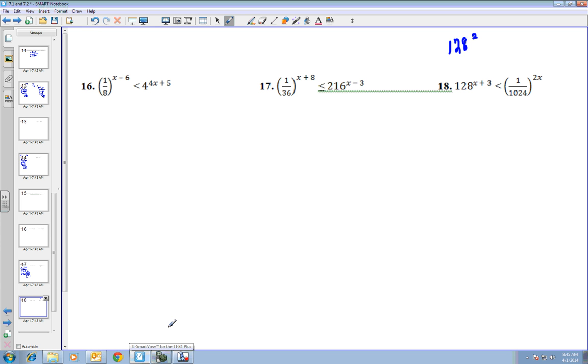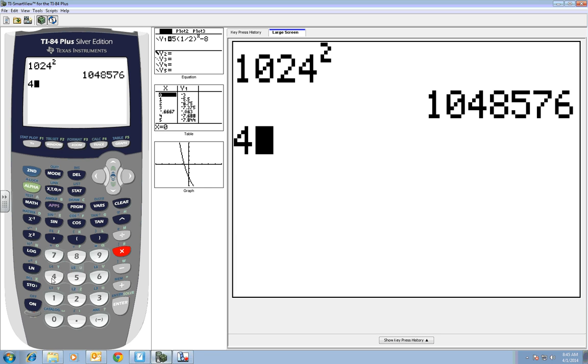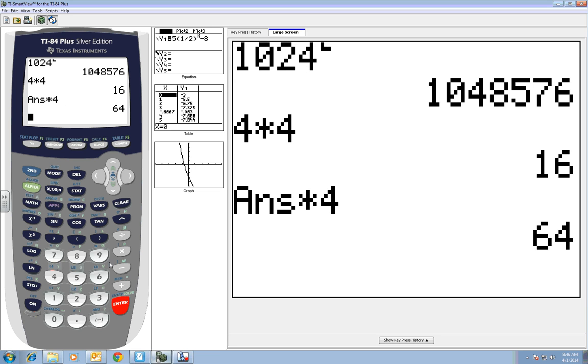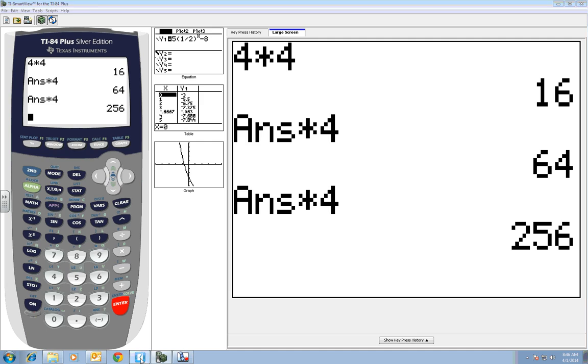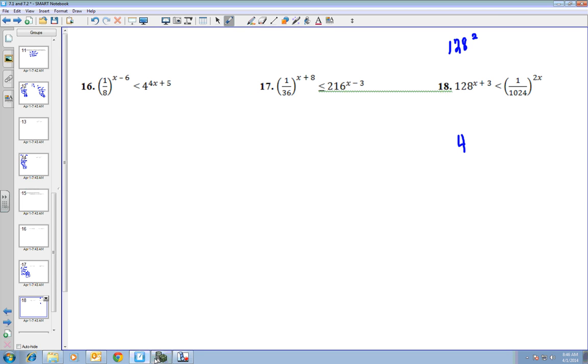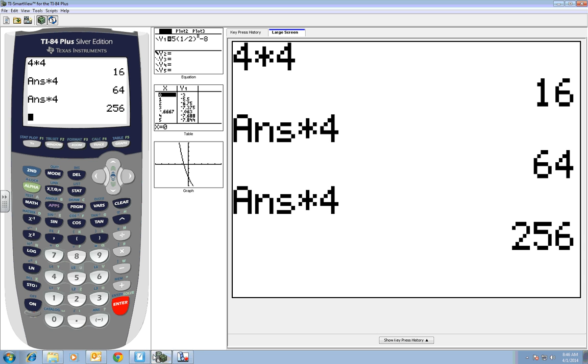Any other suggestions? Two, that's going to be pretty small. What about, let's try 4. I don't know, just looking at it. So if I do 4, so 4 times 4 times 4 times 4, 256. What was I needing? 128, so that's not going to work. So is it 16?